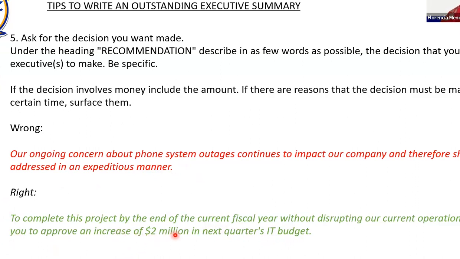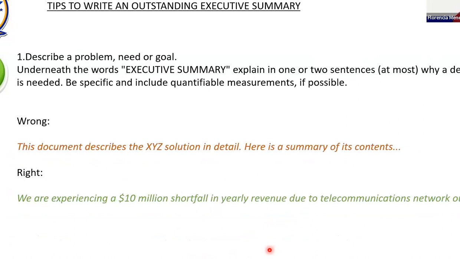And at the same time, if some money is needed, we need to include the amount and where it should be applied. So, up to all of these steps that we have here, that information is present, you have a wrong and a right example that you can use as a guide.